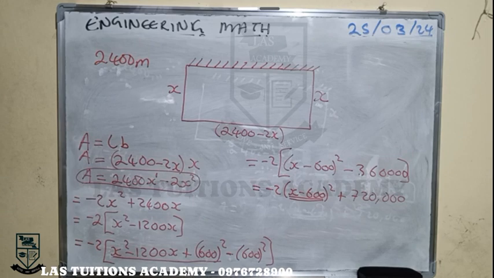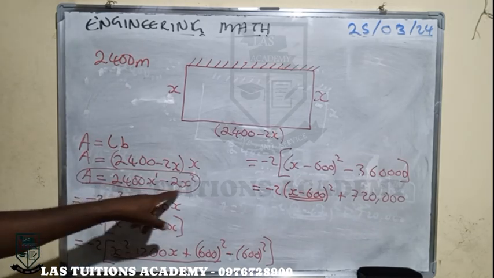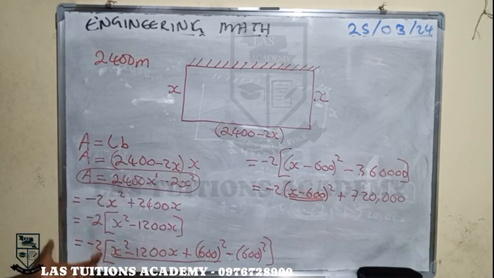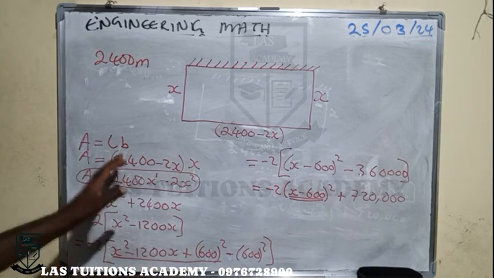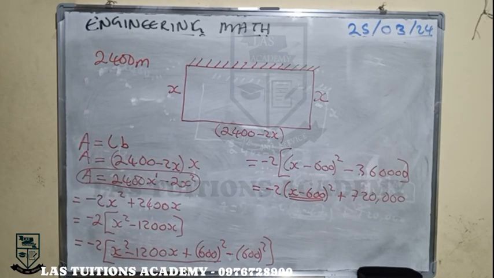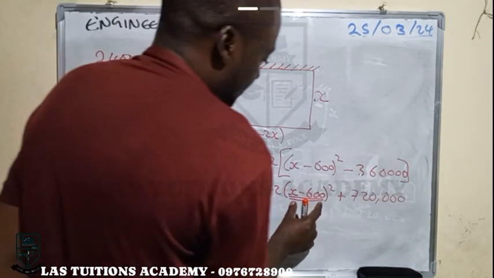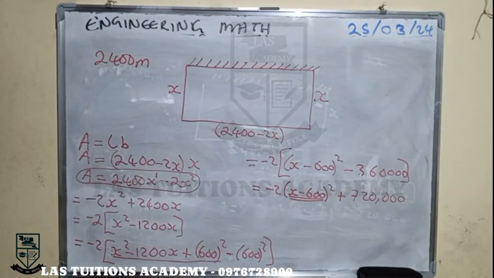When we get our 600, we can go back and fill it in the formula like we did after we found the 600 using differentiation. Then from there, we go down until we get the answer that is required, just like we did earlier.